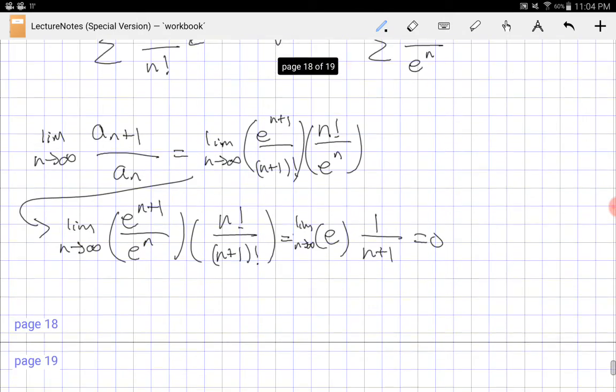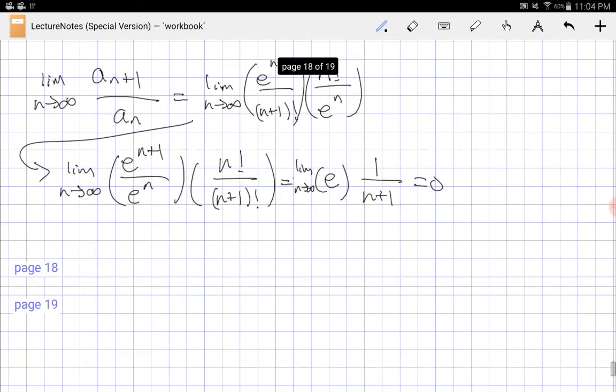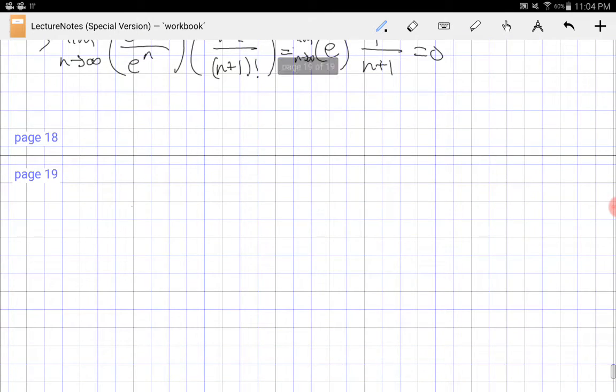We can do the exact same thing with the next series. So the summation of n to the 100 over e to the n.